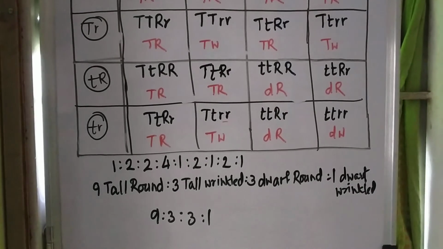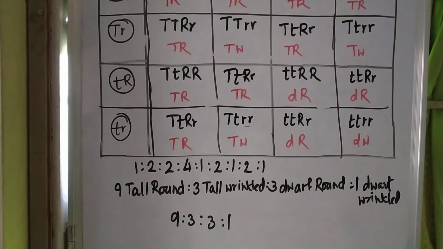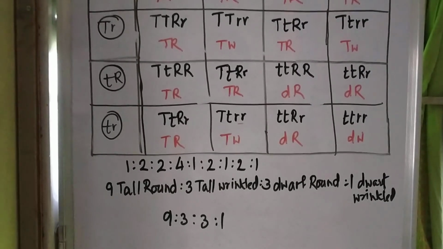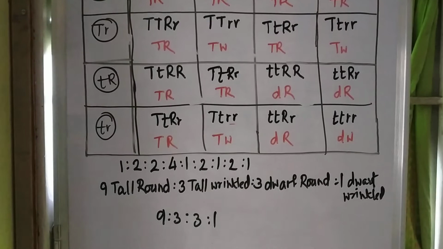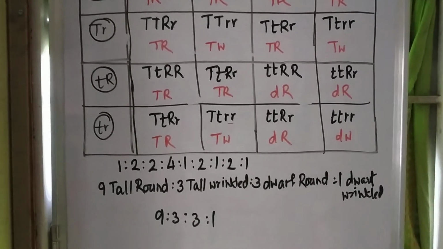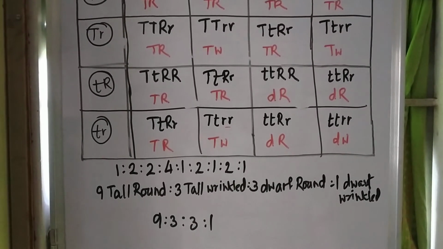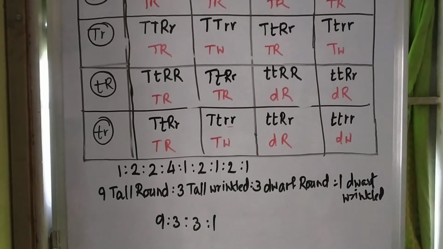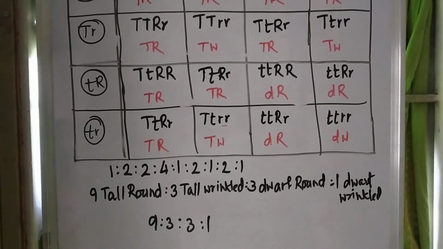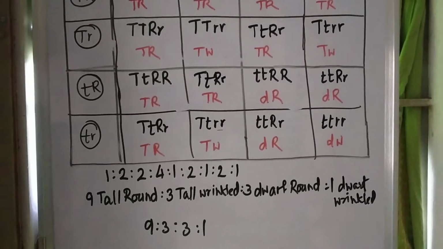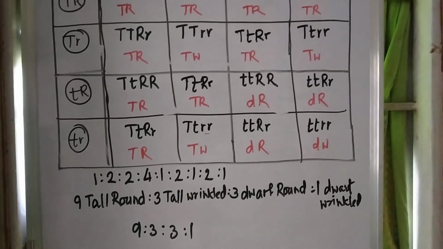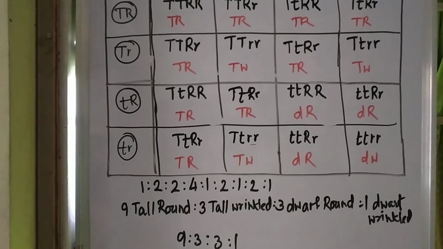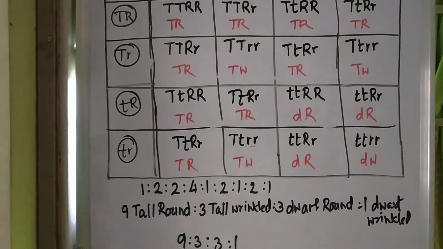But if there is more linkage, assuming that these genes are present on the homologous chromosomes, that is capital T and capital R on the same homologous chromosome as we have assumed, and small t and small r on the same homologous chromosome, and assuming that the genes are very close to each other, then there will be more linkage between them, and therefore if you consider the F2 generation, you would not have got the ratio 9:3:3:1.